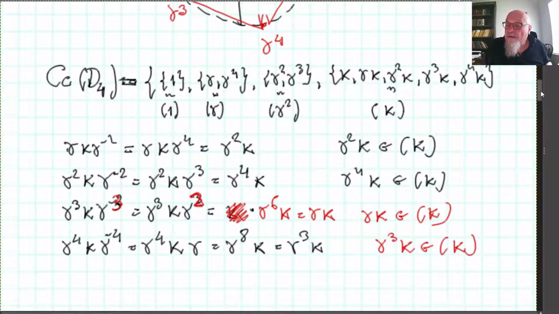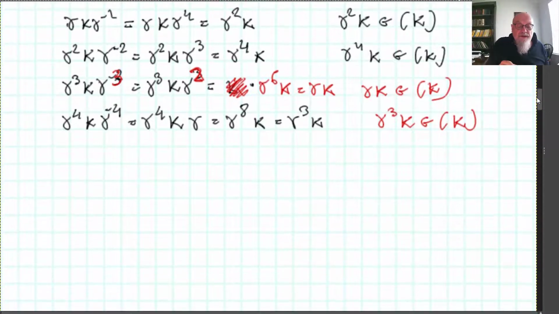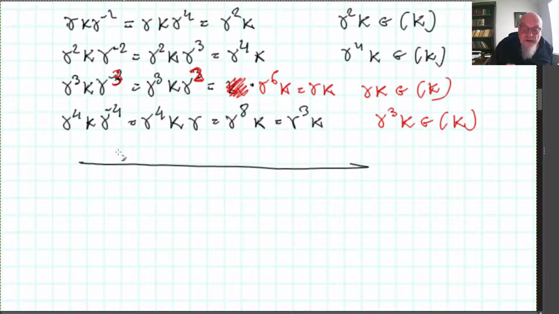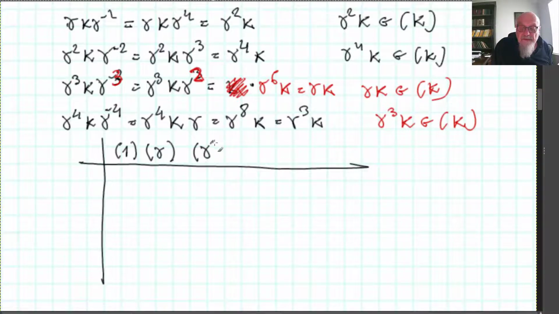So we got it. So let's compute the character of this representation. The character of this representation is a function, so let's say what kind of function it is. This is my representation: the first is 1, then gamma, then gamma square, and the fourth one is kappa.